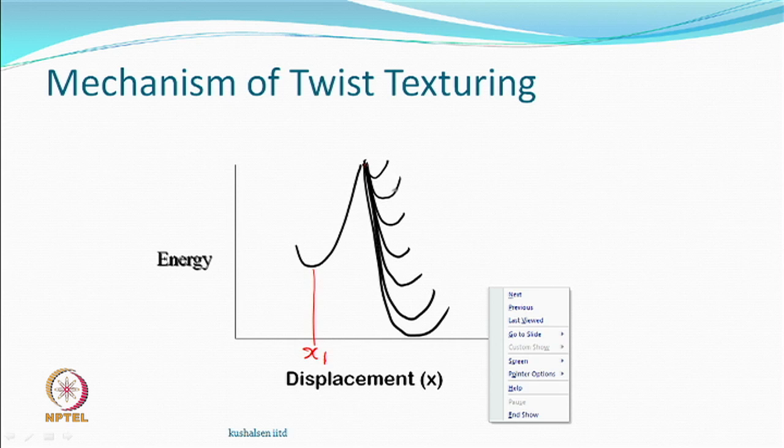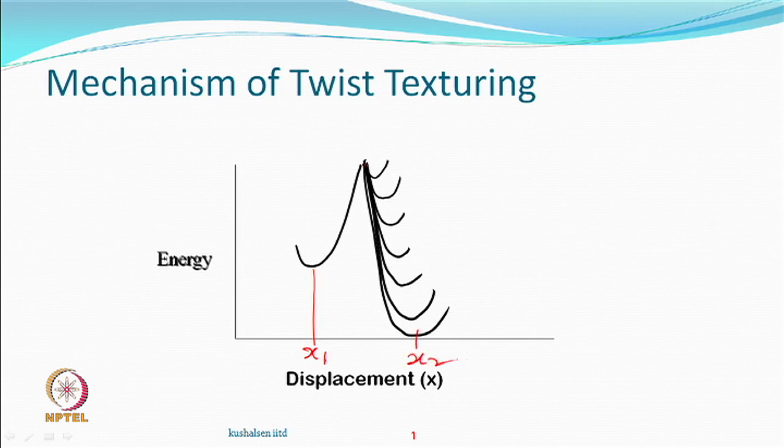Now, you want to keep it in the twisted configuration, and then the energy, because of crystallization or randomization, will keep going down and you come to some state x2, whose energy level may be lower than the previous one. So, that is called optimization. How much time, what temperatures you may like to work at, and you can bring down the energy level.